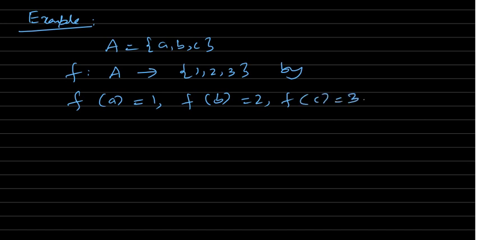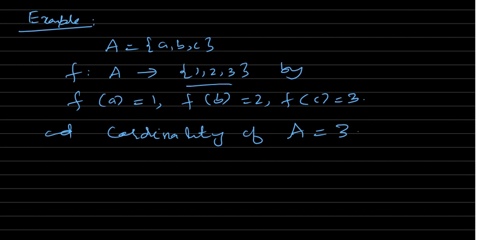Here n is equal to 3, and the cardinality of A is equal to 3 in this case.